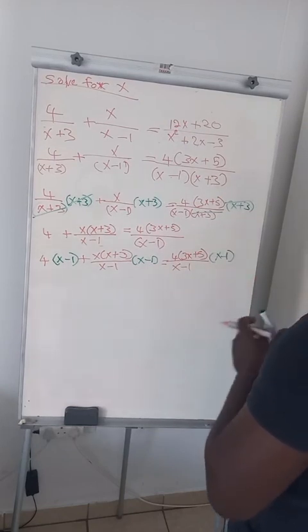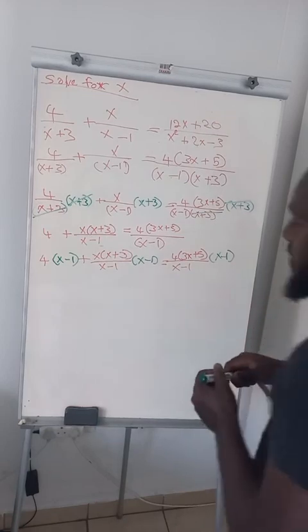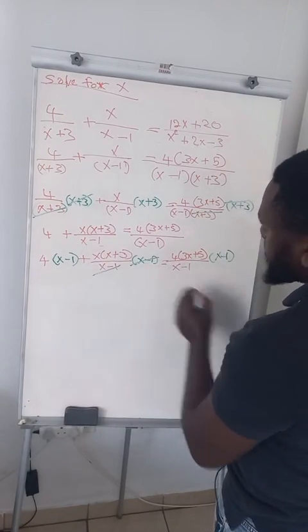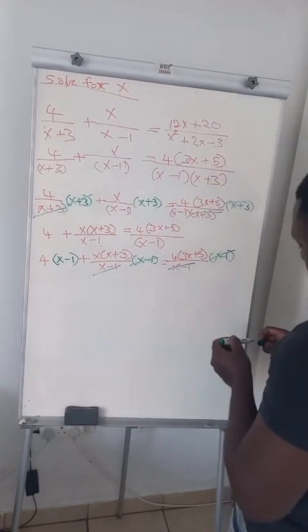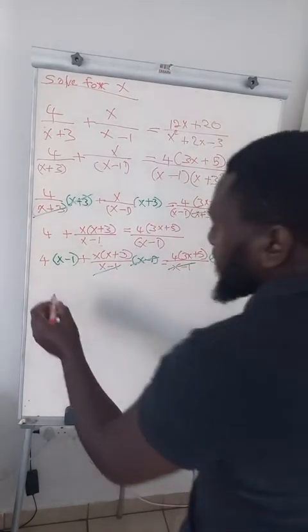Now, if you check, do you see that there are things which will cancel here? This one will go out, this one will go out, this will go out, and also this will go out.